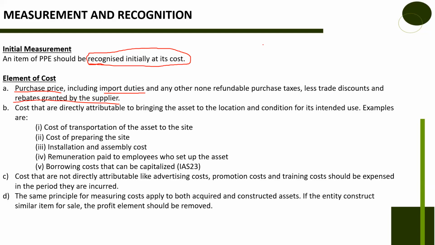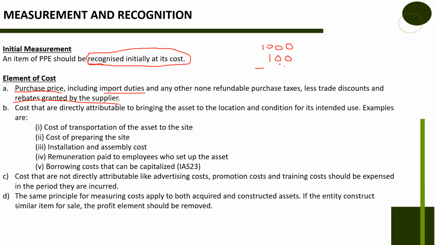So you can't just say the cost of this thing is 1,000 naira. That is how much you bought it for from China. You paid tax and import duty of maybe 100 naira when it got to Nigeria. Meanwhile, the supplier in China gave you a discount of 70 naira.